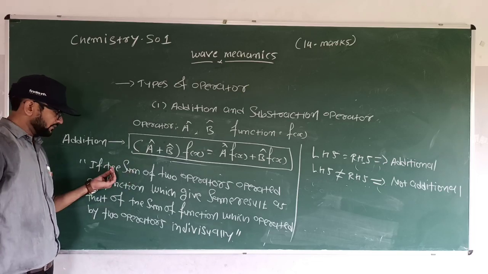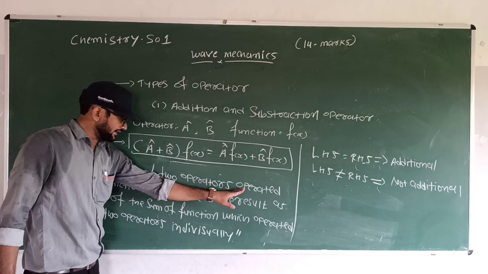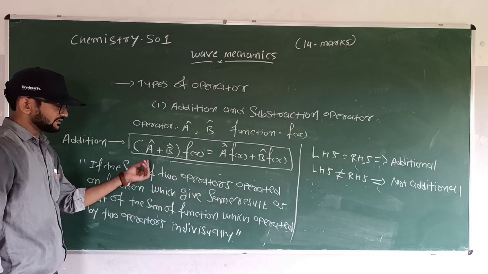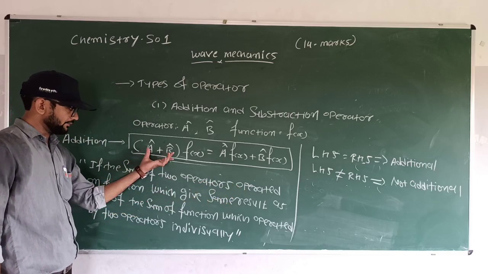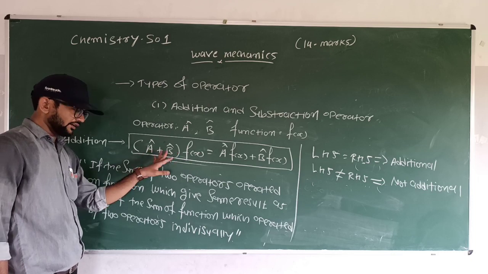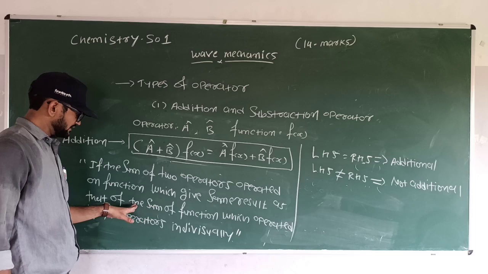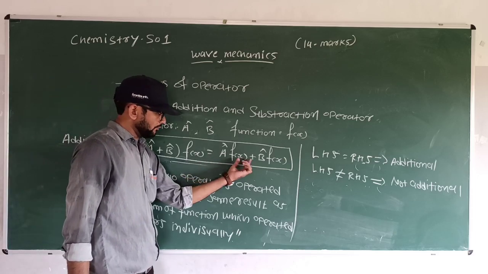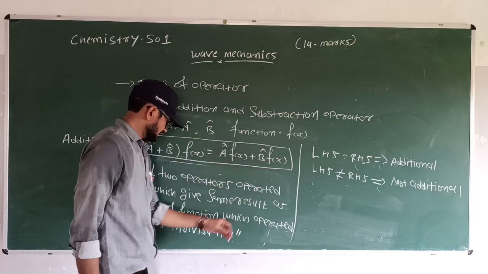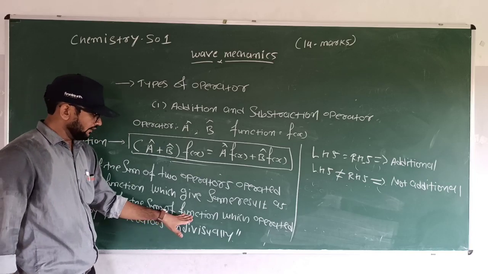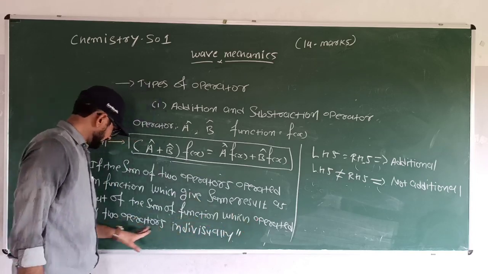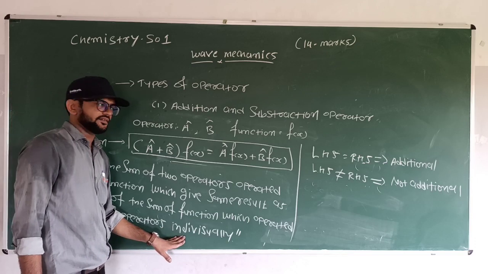Here, the sum of two different operators AK plus BK operated on a function gives the same result as the sum of the function operated on by the two operators individually.